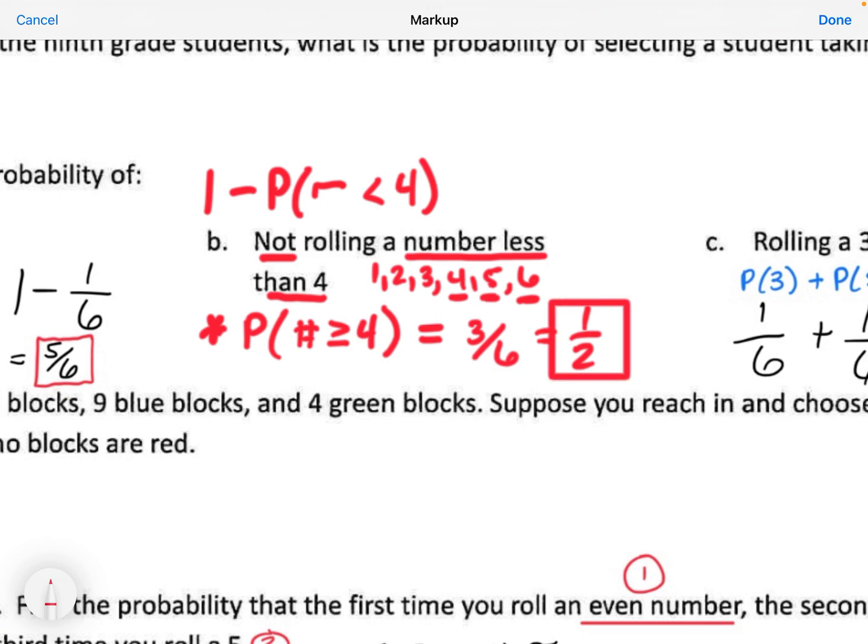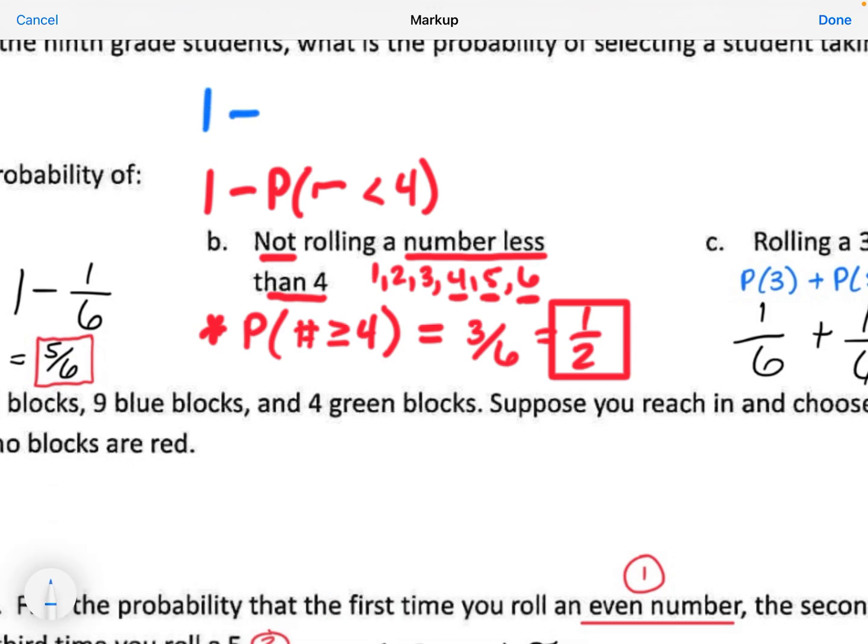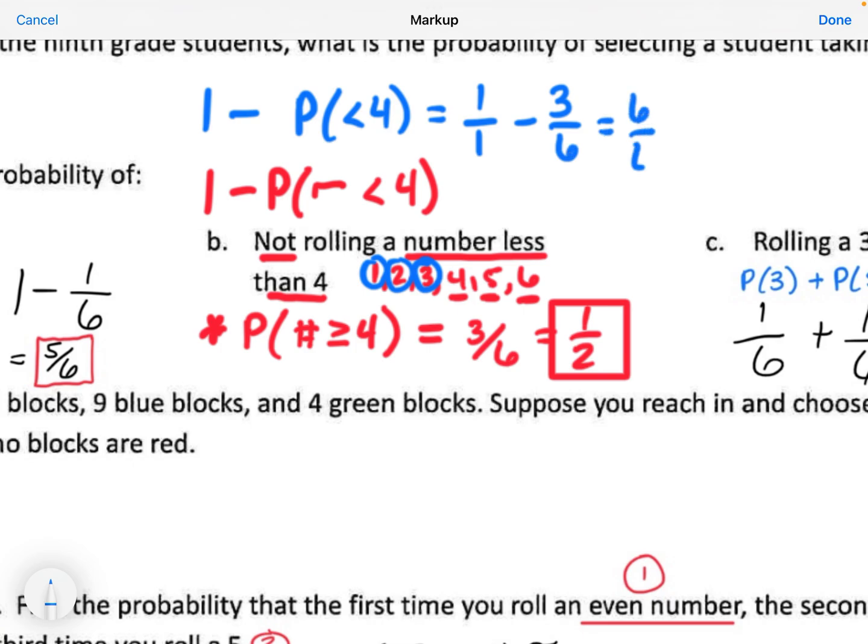Let's look at it using the rule 1 minus. So 1 minus not less than 4. So less than 4 would be 1, 2, and 3. So that's going to be 1 minus 3 out of 6, which is 6 out of 6 minus 3 out of 6. We get the same result.